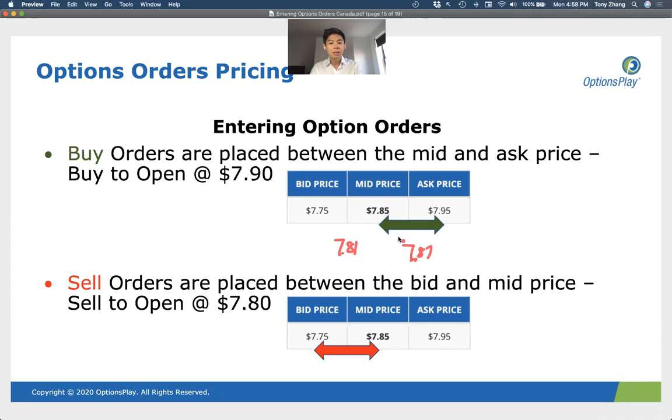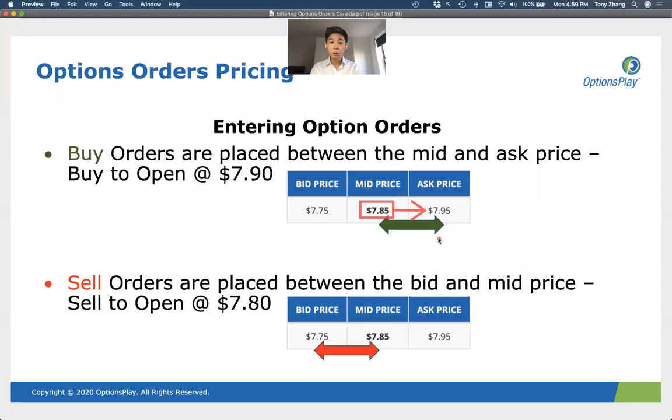And sometimes in these particular cases where the spreads are only 2-3 cents, I might pay the asking price because I know that's a fair price to pay. I'm only paying 1 or 2 cents above the fair value, but most of the time you'll see spreads that are probably 10 cents, 20 cents wide, sometimes even wider. So that's why it's so important to work your orders. Start at the fair price of the option and work your way out.